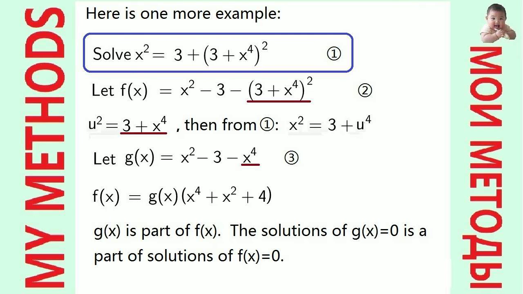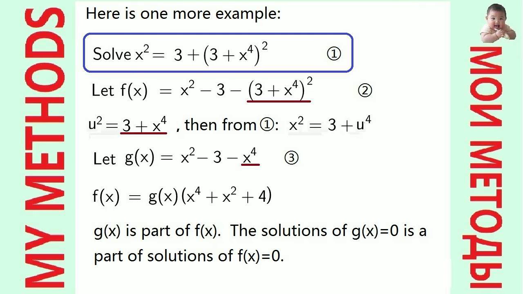This part is u to the fourth power, because this is u squared, then squared again. So this part must be u to the fourth power. And instead of variable u, we use x here.